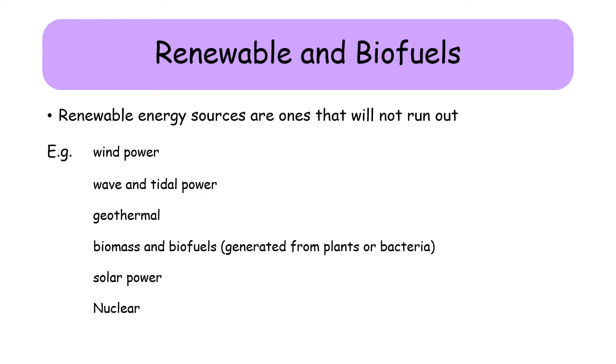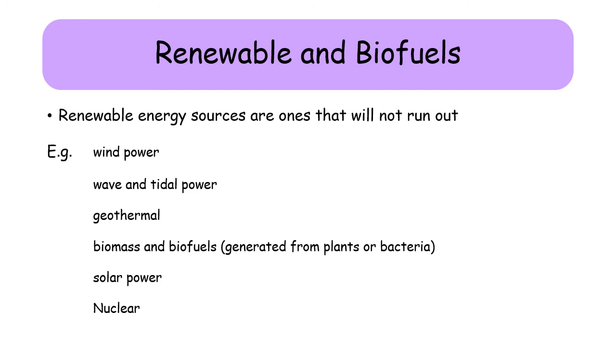So some examples of renewable energy sources are wind power, wave or tidal power, geothermal energy, which is actually using the heat of the planet underneath the rocks, solar power, and nuclear energy.